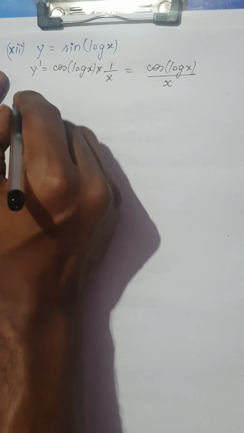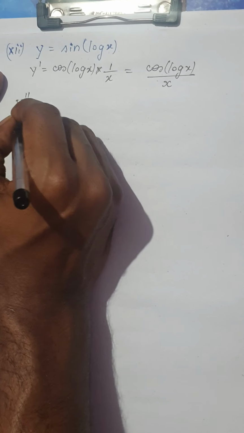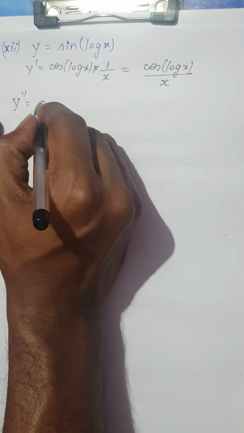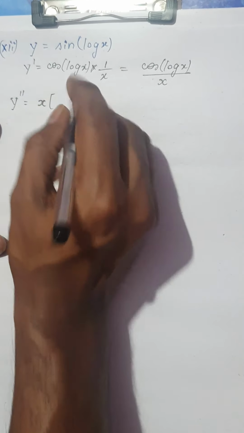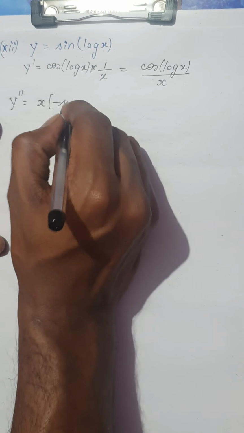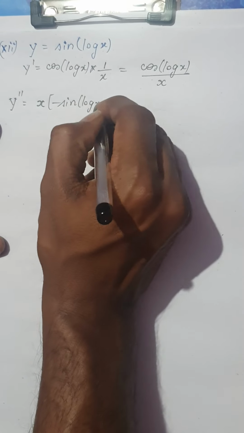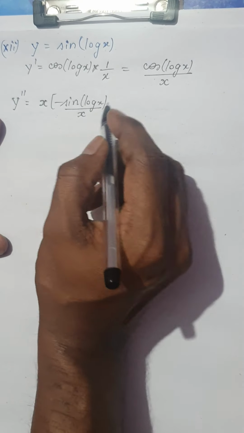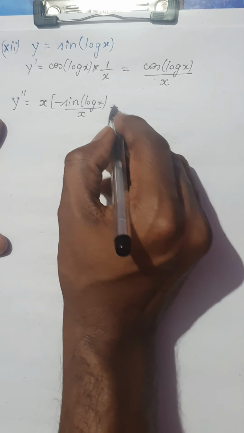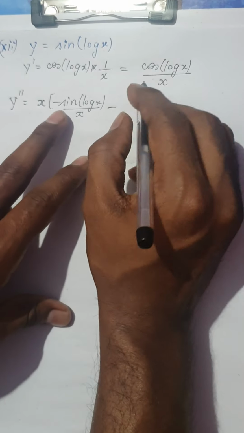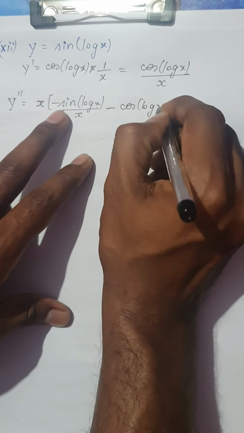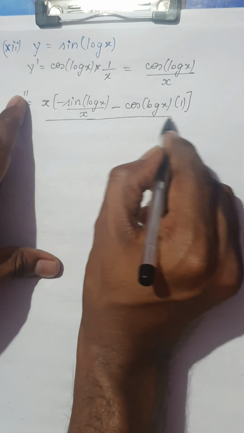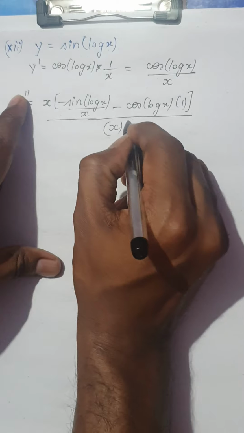So now if I'm going to do the second derivative, y double dash is nothing but use the quotient rule. In the numerator I'm going to keep x as it is and differentiate cos of log x. The derivative of cos of log x is minus sin of log x, isn't it, into the derivative of log x, which is 1 by x. Minus, because it's a quotient rule, now keep cos of log x as it is, times the derivative of x, which is 1, divided by denominator square.